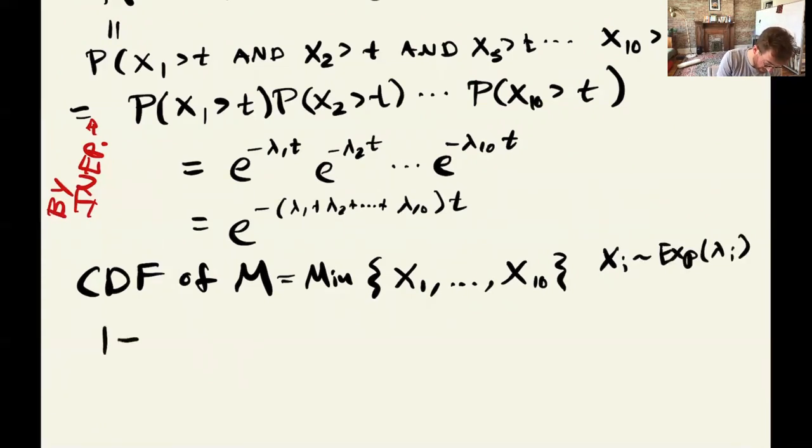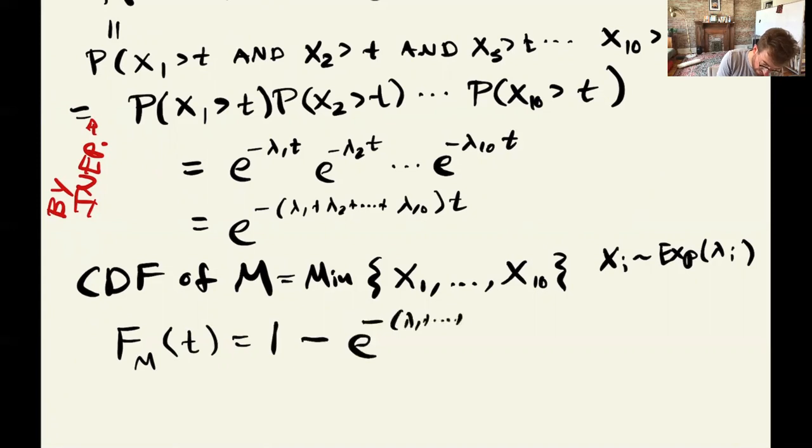So this is a capital F of M, that's the CDF, of t, which is 1 minus e to the minus (lambda 1 up through lambda 10) times t.